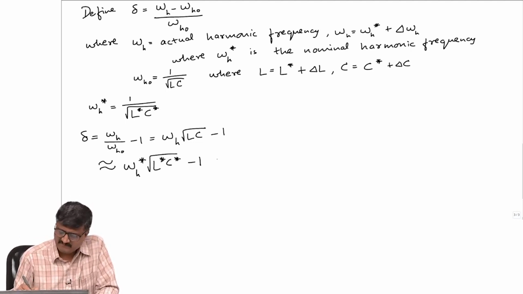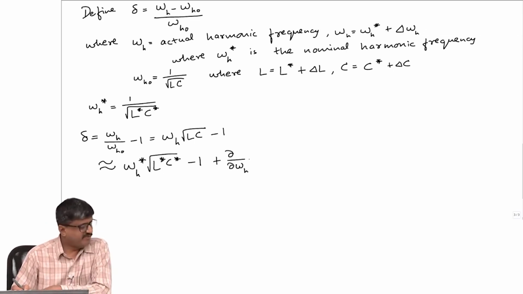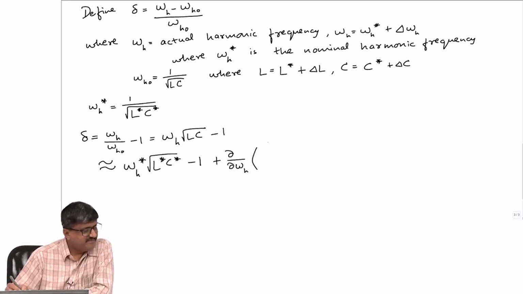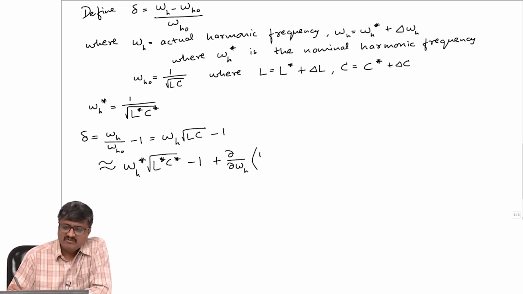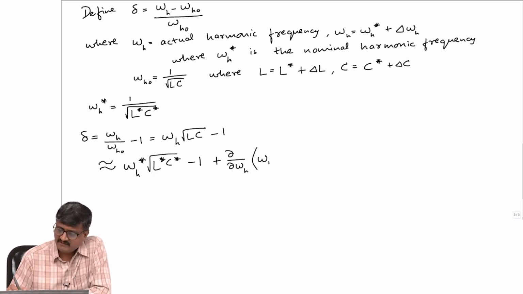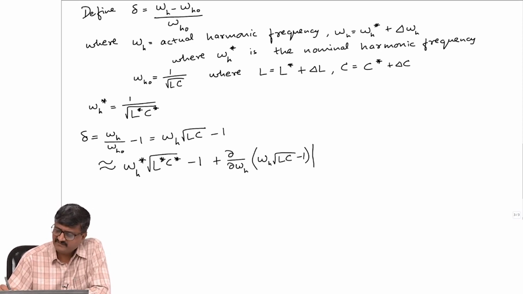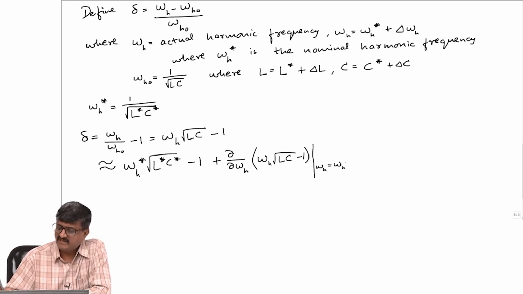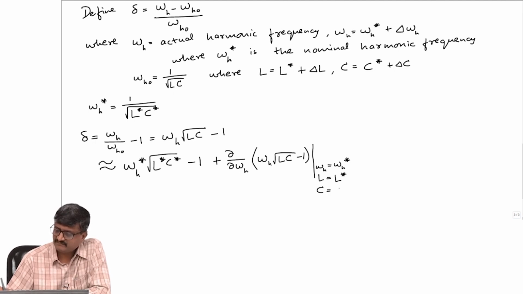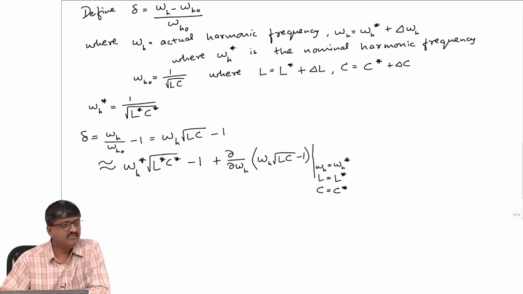Okay. So, then I need a partial derivative with respect to omega H of omega H under root LC minus 1, and this partial derivative is evaluated at omega H equal to omega H star, L is equal to L star, C is equal to C star into what?